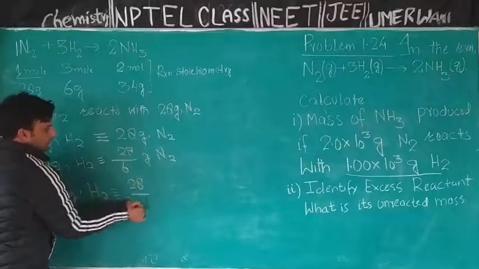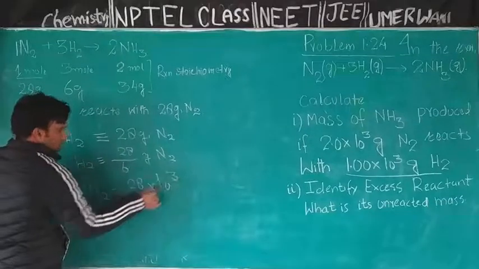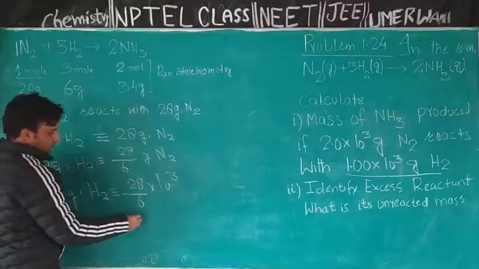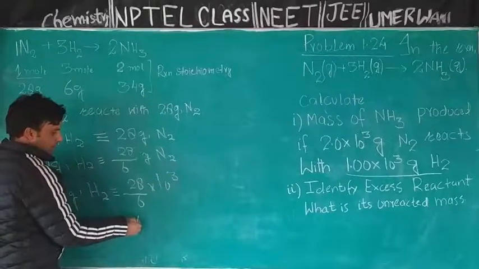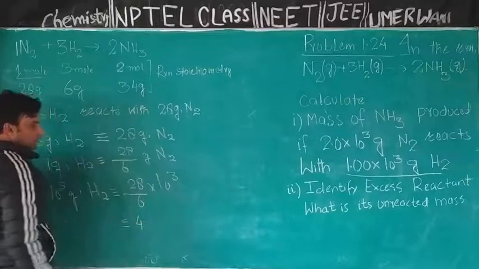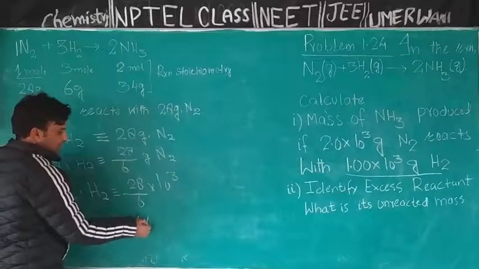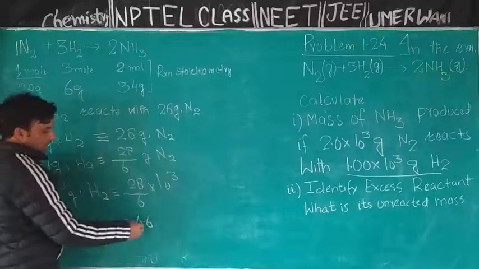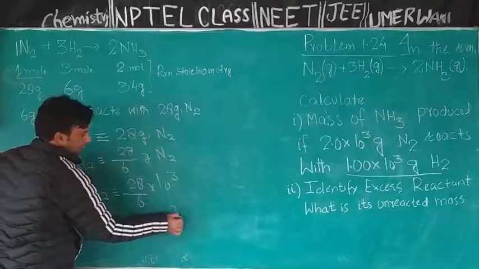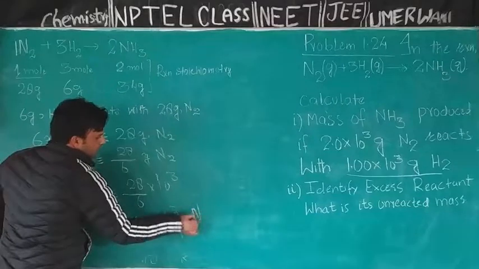28 divided by 6 multiplied by 10 raised to power 3, and it will come equal to, 4 6s are 24, 6 6s are 36, 4.6 into 10 raised to power 3 grams of dinitrogen.